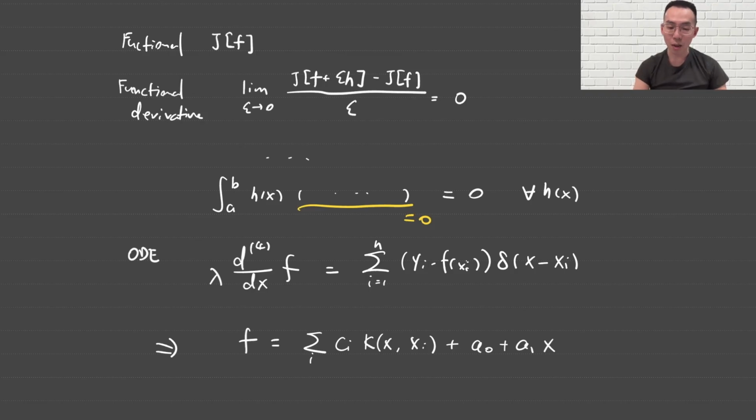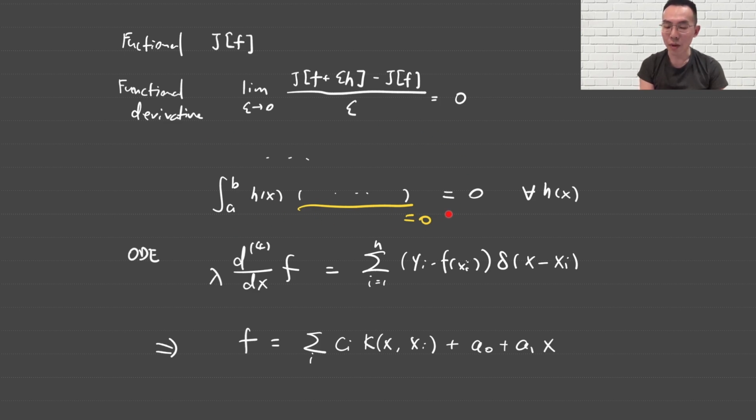For this time, let's not do the exact same approach. Instead, we're going to use a new tool called the Euler-Lagrange equation. That is the general result for finding where the functional derivative equals zero. The proof is very similar to this one: we write out the functional derivative, and then apply integration by parts to get this formula.